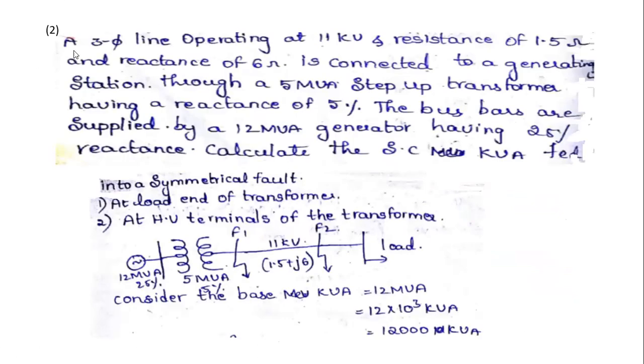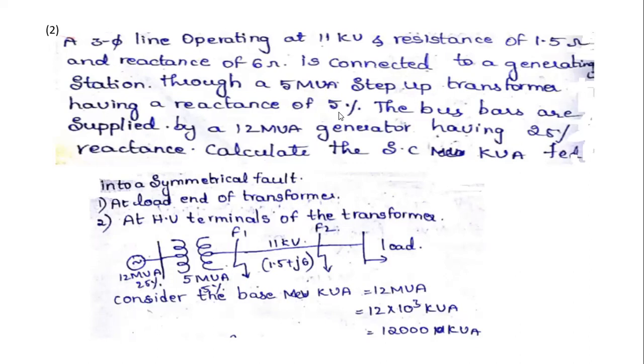Understand? Next, coming to the second problem. A three-phase line operating at 11 kilovolts, with resistance of 1.5 ohms and reactance of 6 ohms, is connected to a generating station through a 5 MVA step-up transformer having a reactance of 5%.